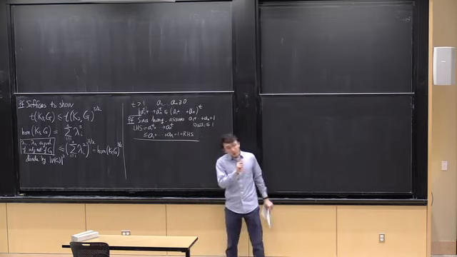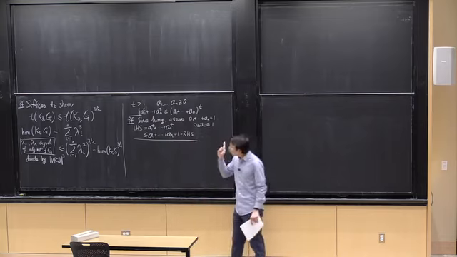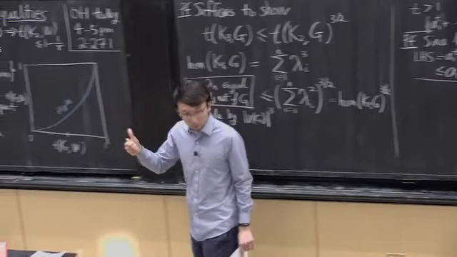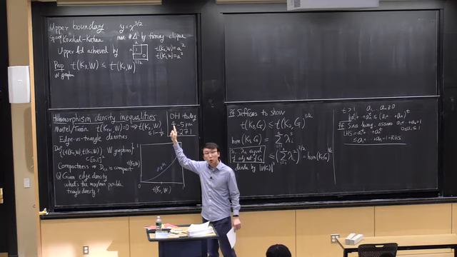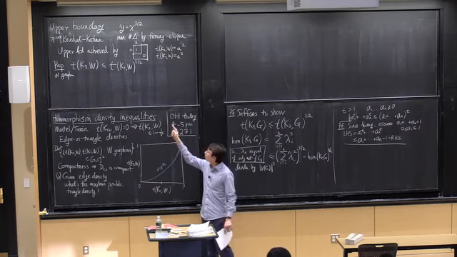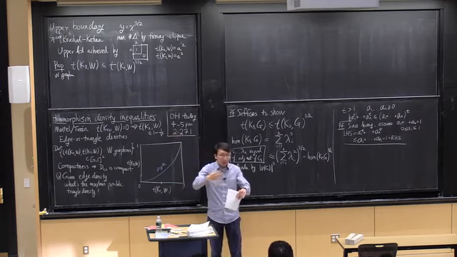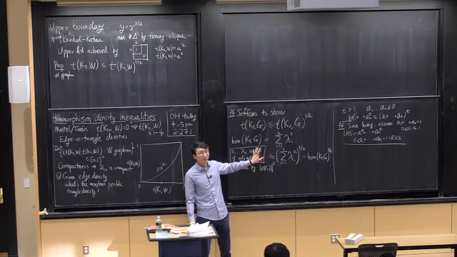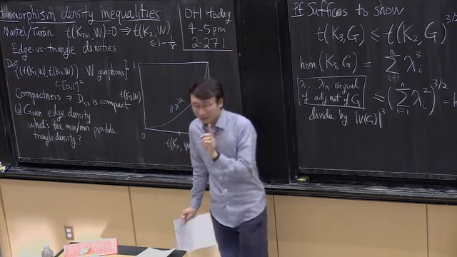But what bothers me about this proof is that we started with what I would call a physical inequality, meaning that it only has to do with the actual edges and subgraph densities. But the proof involved going to the spectrum. And that bothers me a little bit.